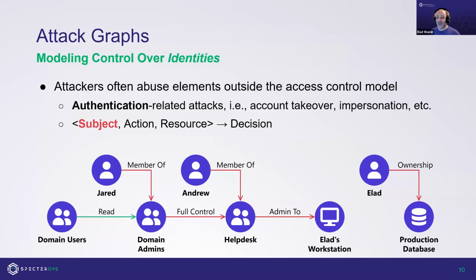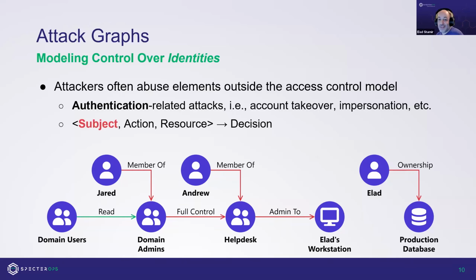From the attacker's perspective, things are a bit more complicated because attackers sometimes abuse elements outside of the access control model, outside of the access graph. Specifically, attackers often perform authentication-related attacks, such as account takeover or all sorts of impersonation attacks, stealing tokens, dumping credentials, and so on.